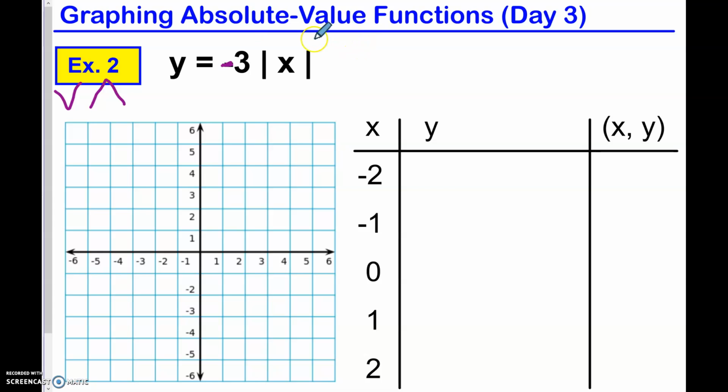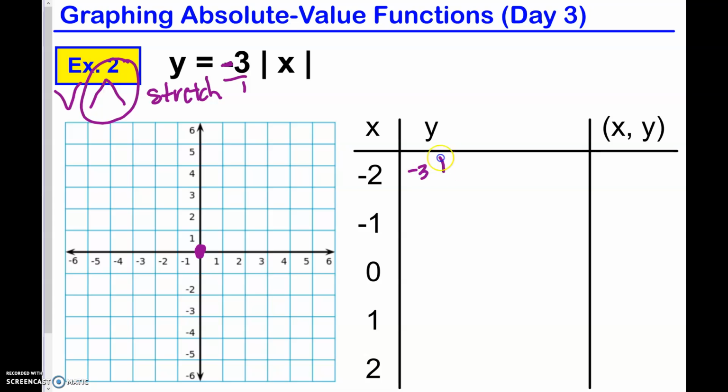Okay, again, there are no numbers after here, so that's telling me that I'm probably going to have my vertex here at 0, 0. So let's plug in some numbers and see if what we said happened, which we're saying it's going to open down and it is going to stretch it out so that it's going to be 3 over 1. Okay, so let's see what happens.